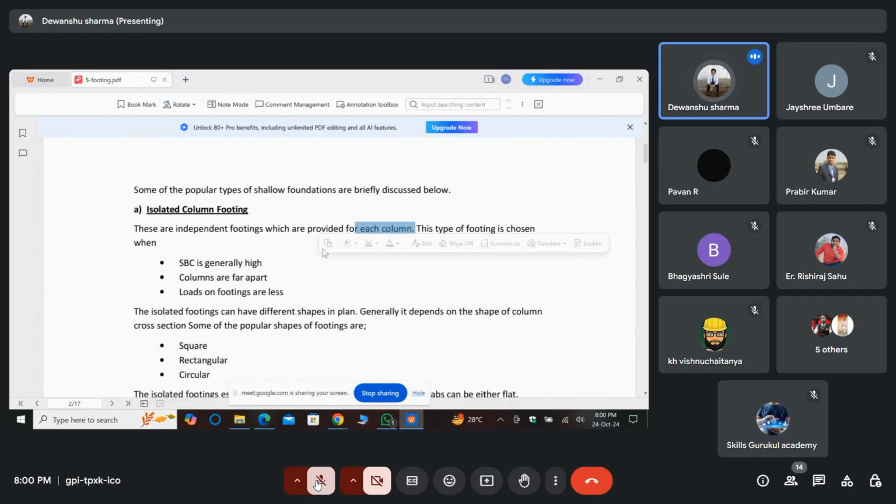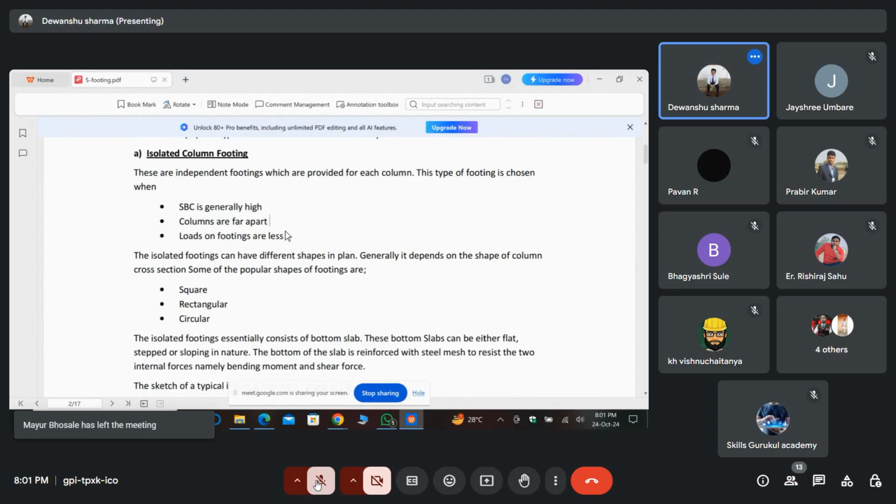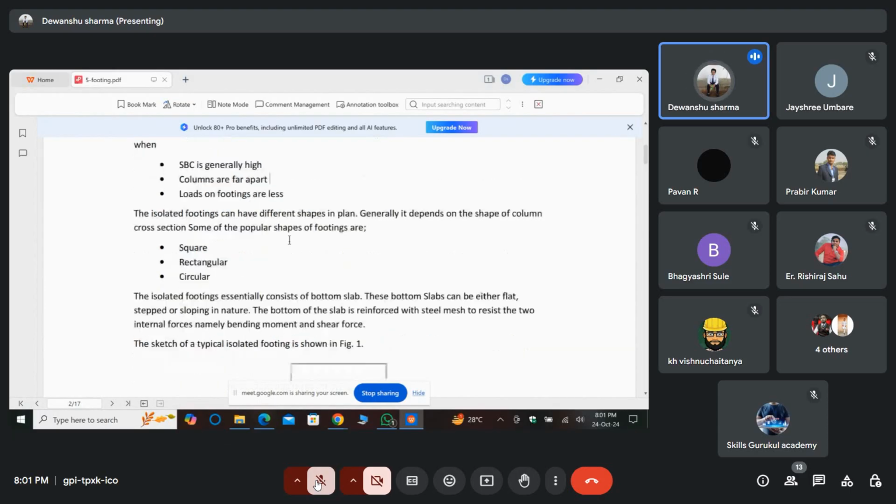This is important. As its name suggests, isolated means it is provided for each and every column. It is used where SBC is generally high, that is, soil bearing capacity is high, and columns are far apart so that each independent footing can be provided, and loads on the footing are less.